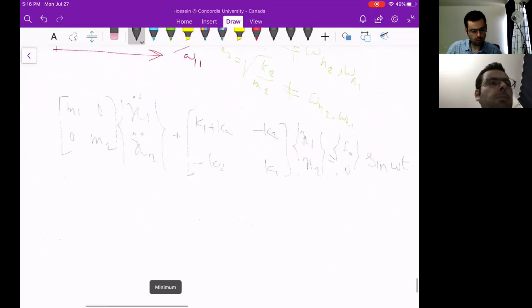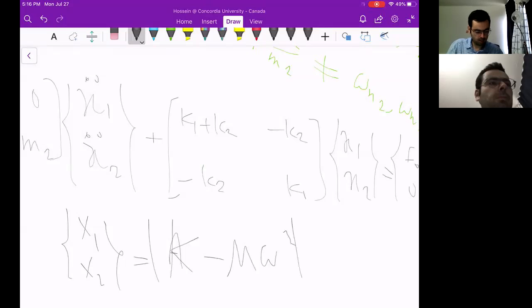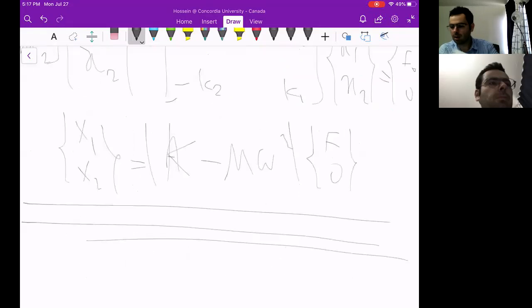And therefore, x1 and x2 would be the inverse of K minus M omega squared, multiplied by F0. So this is 5.29.